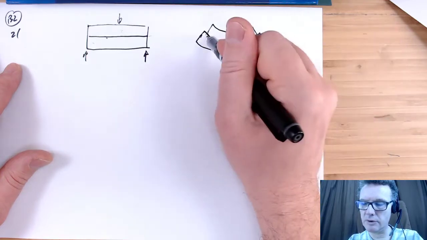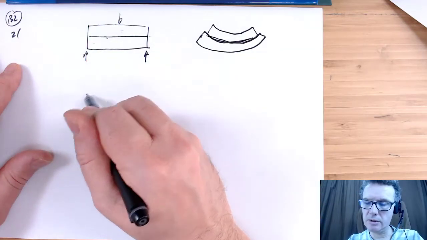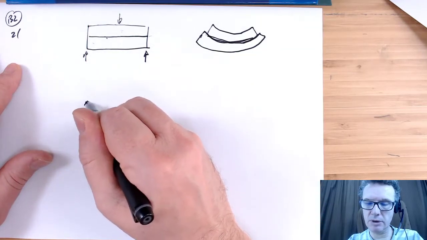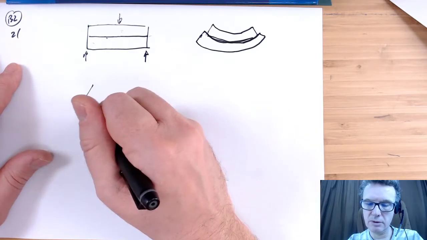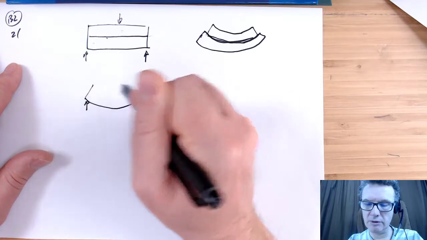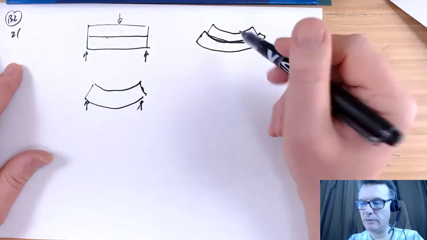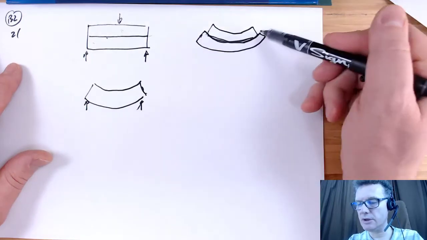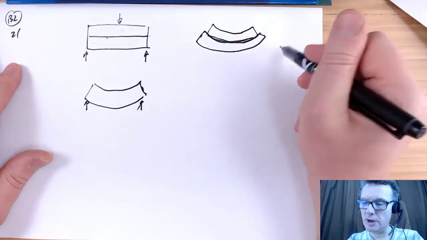So we'd end up with something like that. Now, in actual fact, we've always assumed that our beams have stayed together and give us a nice smiley face, like that. So we've assumed that this can't happen.